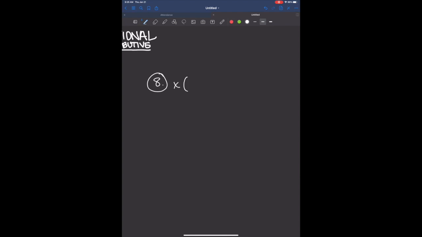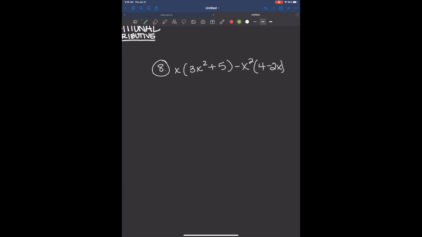Moving on to number 8, we are going to be distributing two different things here. So we've got x times 3x squared plus 5 minus x squared times 4 minus 2x. So for the first set of parentheses, I'm multiplying the x to each thing, and then for the second set of parentheses, I'm multiplying a negative x squared, don't forget your negative.